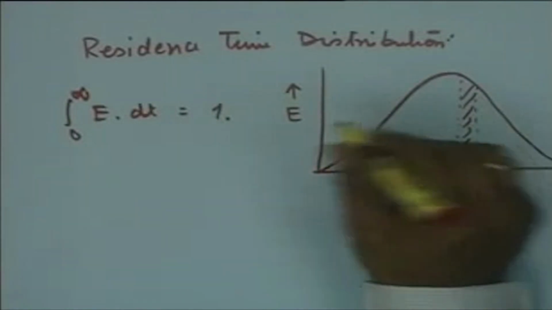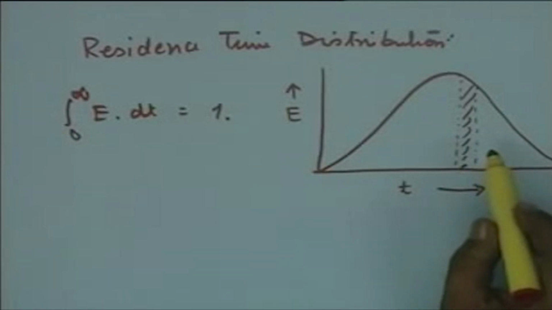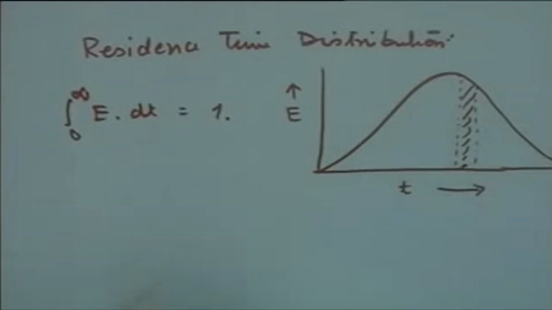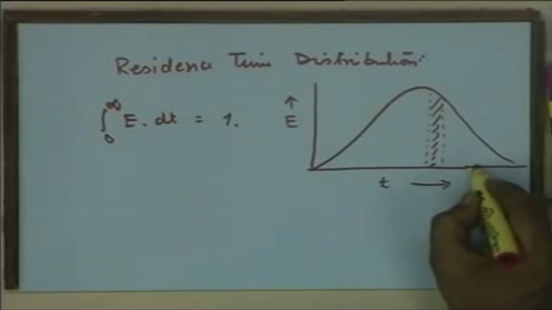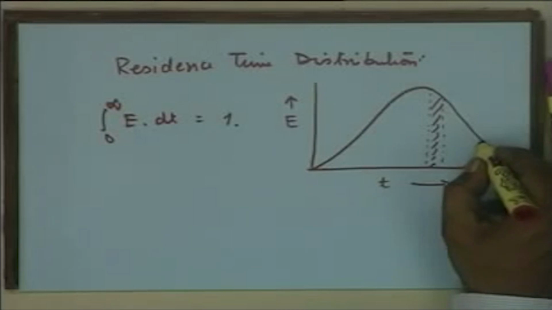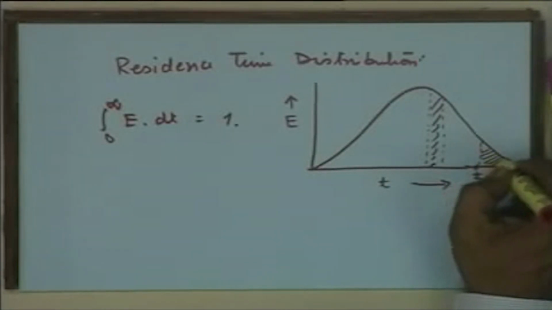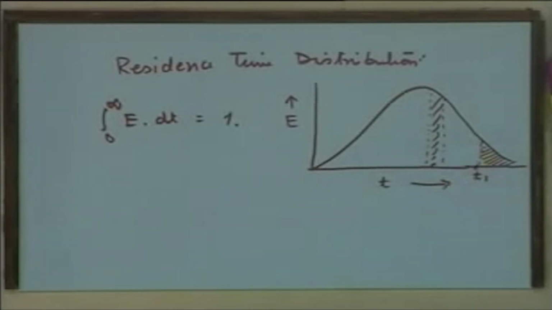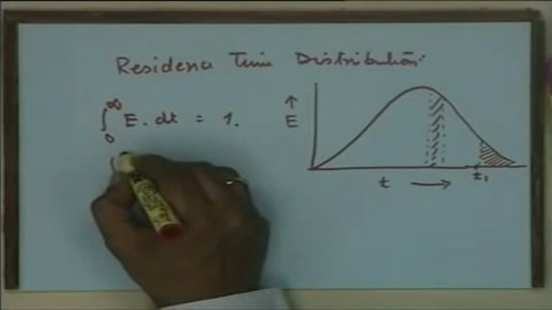The exit age distribution is defined in the sense that the total area under the curve is unity. And of course, if you consider any fraction at time t1, the fraction of the exit stream which has an age less than t1 will be the integral from 0 to t1 of E dt.